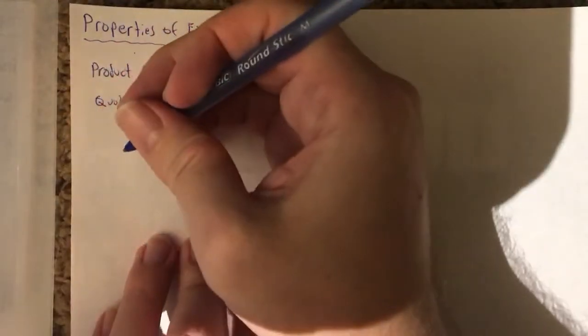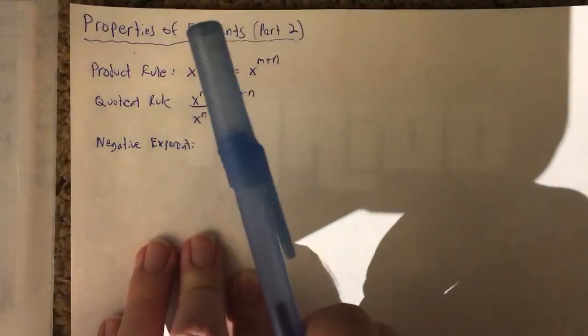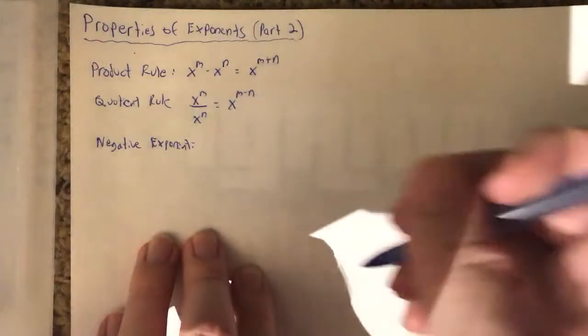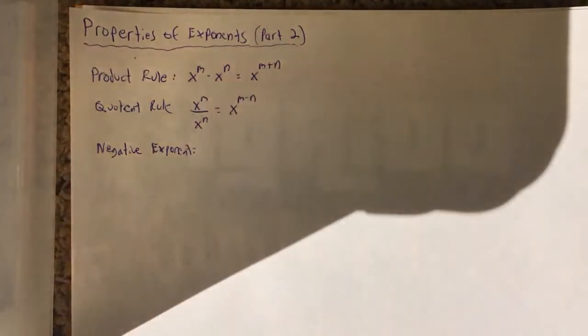And then our negative exponent rule, remember, is when you have a fraction bar, wherever the negative is, you move it to the opposite part of the fraction. So if it's negative in the numerator, it's positive in the denominator. Negative in the denominator, positive in the numerator.